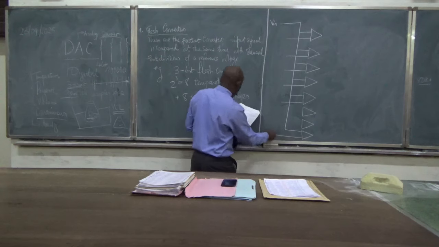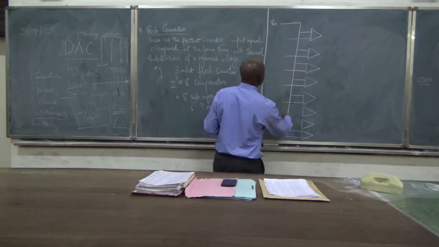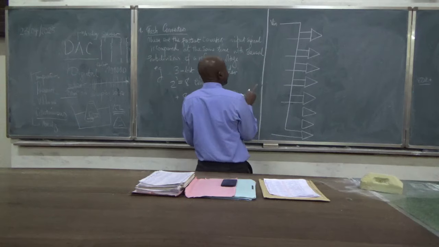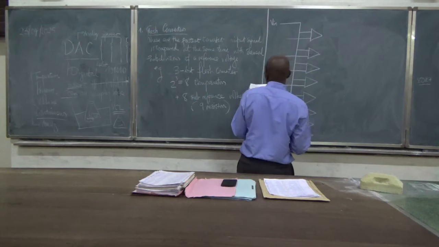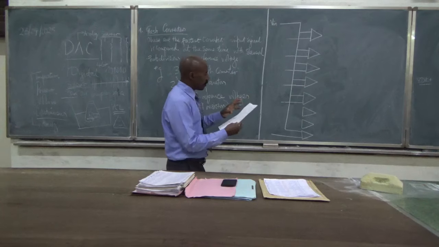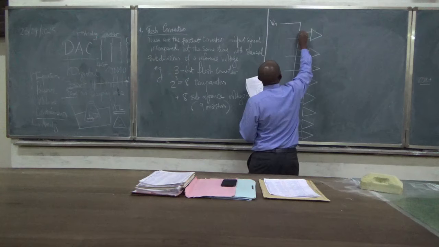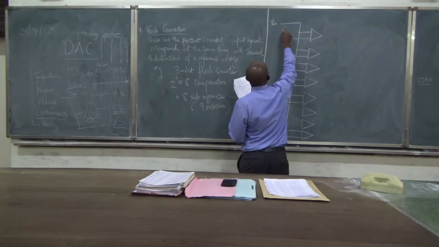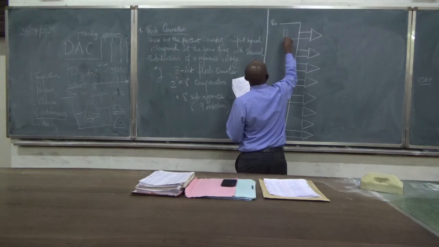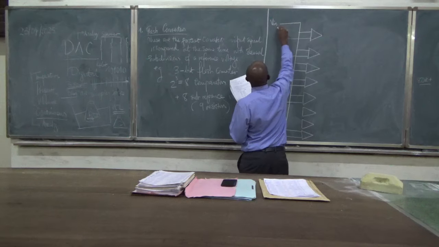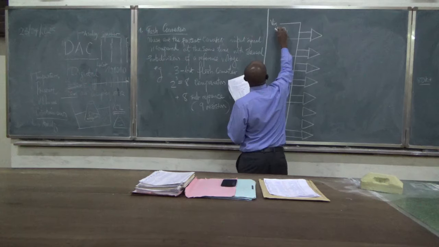And then this one goes to the set of resistances. The resistances are the ones which are going to give me trouble. So I will have a resistor here, and then I will have the VREF.